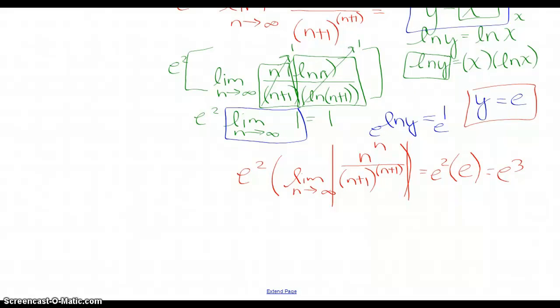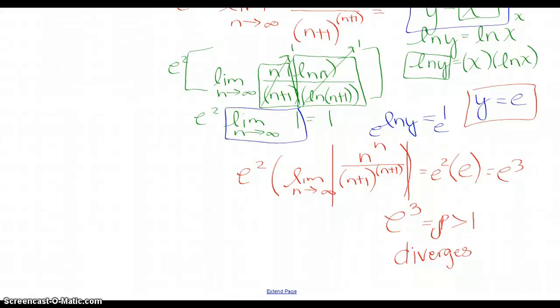That's e cubed. So rho is e cubed. That's greater than 1. This series diverges by the absolute ratio test.